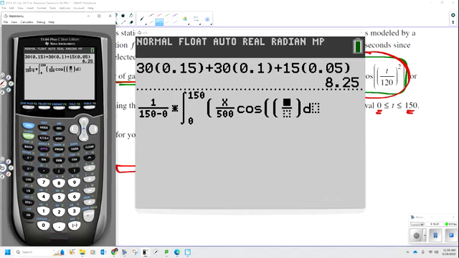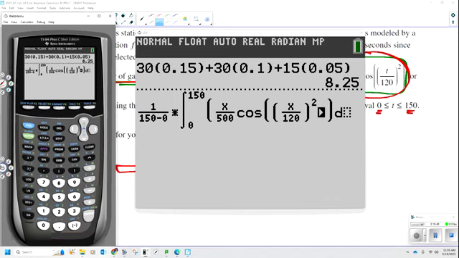So that's why I have another set of parentheses. X over 120, pop that out and square it, because that square should be in those cosine brackets, dx. That's it. This right here is my G of T. And then we got dt for a dummy variable right there.